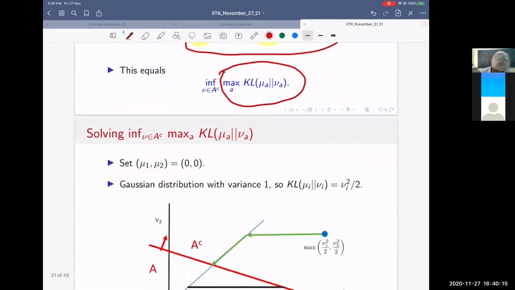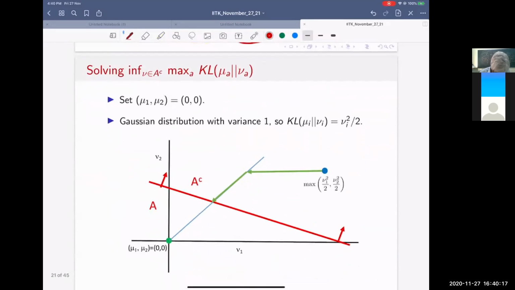Now, this is a very easy thing to see, and this graphic kind of nails it for you. So suppose my mu1 and mu2 are 0, 0. This is my A complement set. And suppose I'm looking at two Gaussian arms with variance 1. So my Kullback-Leibler divergence between mu i and nu i is just nu i squared over 2. And suppose I start from some point nu1, nu2 in A complement. So I look at the maximum of these two, nu1 squared by 2 and nu2 squared by 2. In this case, that turns out to be nu1 squared by 2.